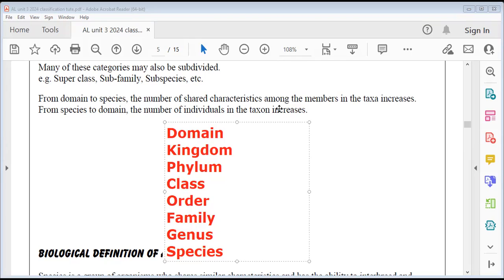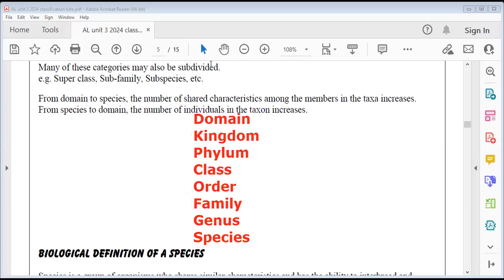Here in this hierarchy, if you travel from species to domain, the number of organisms increases. So compared to a species, in a genus more organisms will be there.